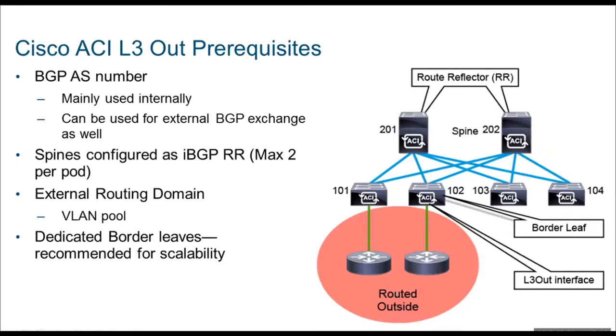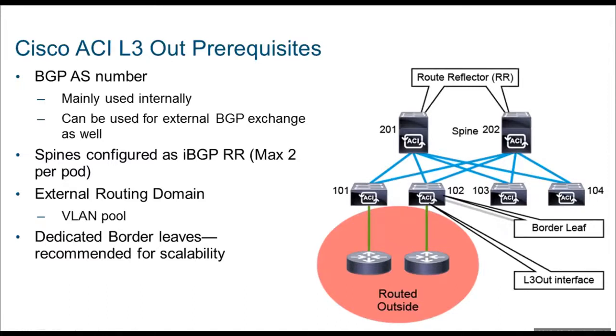As I mentioned, when you pair with a non-ACI layer 3 device, you've got to ensure that the routing updates are distributed into the ACI Fabric. So we have to have a route reflector configured and an AS number. That's a system-wide setting.